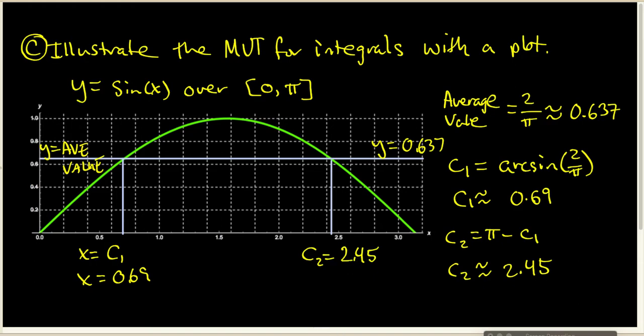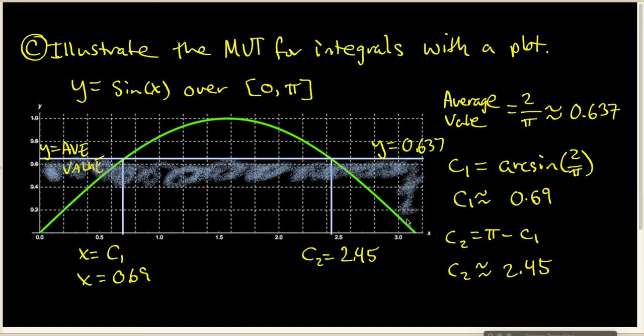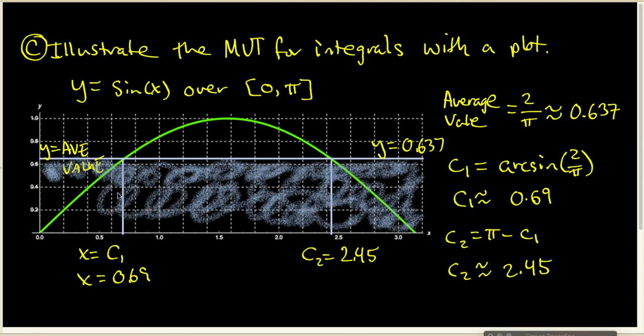And what I want to do to complete illustrate what the mean value theorem says is I want to put in some colors. I'm going to color the rectangle with a blue shading. And the rectangle goes over the entire interval. And this blue rectangle has height equal to the average value of the function, but it's also equal to f of C1 and f of C2.